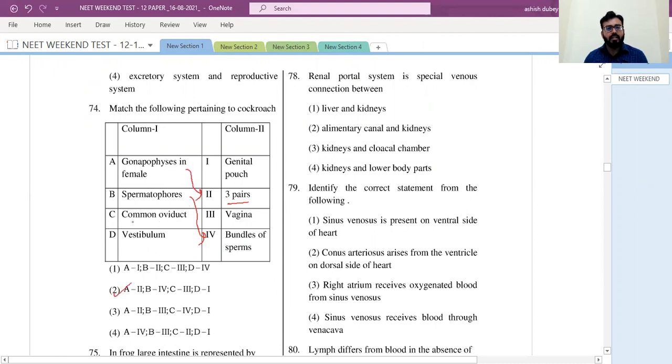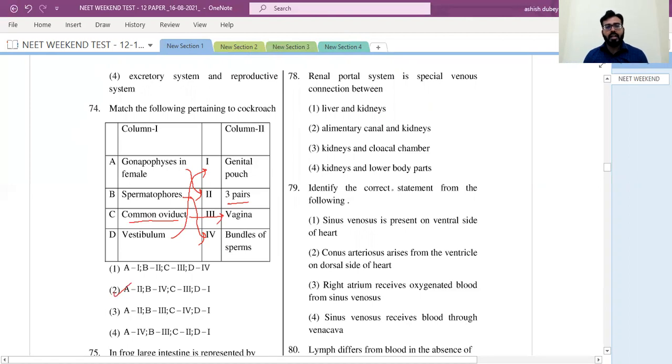Okay, but still, let's discuss the common oviduct. See, common oviduct opens into the genital pouch. Common oviduct is known as the vagina, and vestibulum is actually the part of genital pouch.